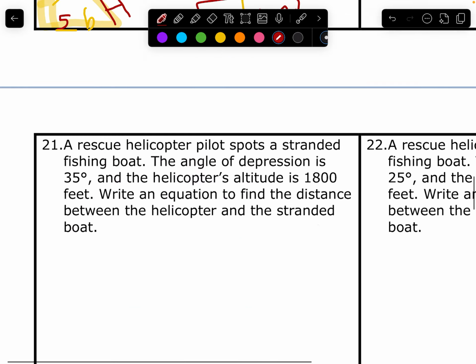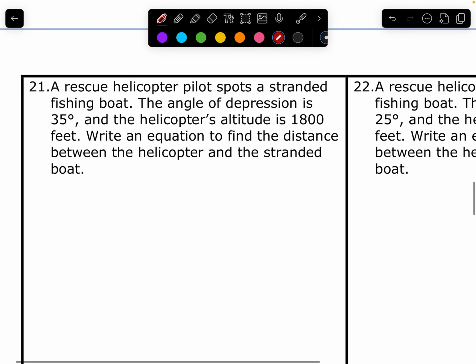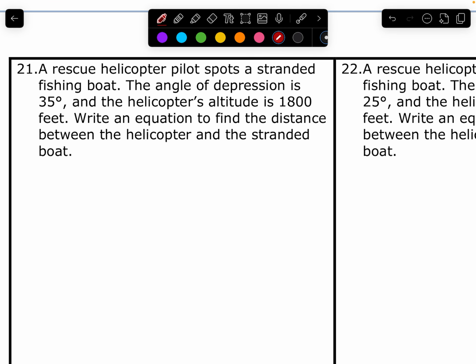All right, number 21. A rescue helicopter pilot spots a stranded fishing boat. The angle of depression is 35 degrees. All right, so angle of depression, I already know it's going to look like this. That's what the triangle looks like. And then there's a helicopter over here.